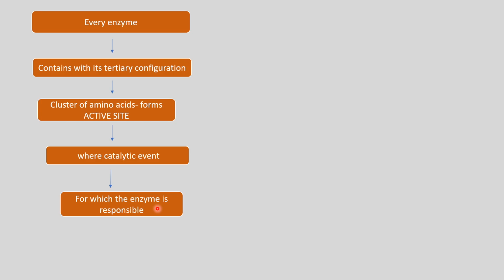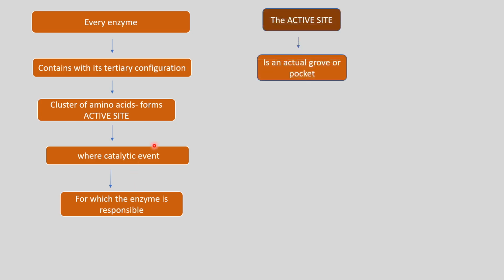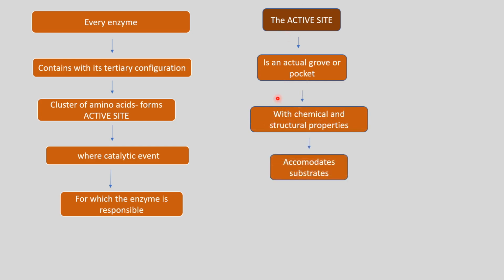The active site that we are talking about is an actual groove or pocket. So the active site is a pocket-like structure, right? And it has its own chemical and structural properties, right? This pocket, which is the active site, accommodates the substrates, right?